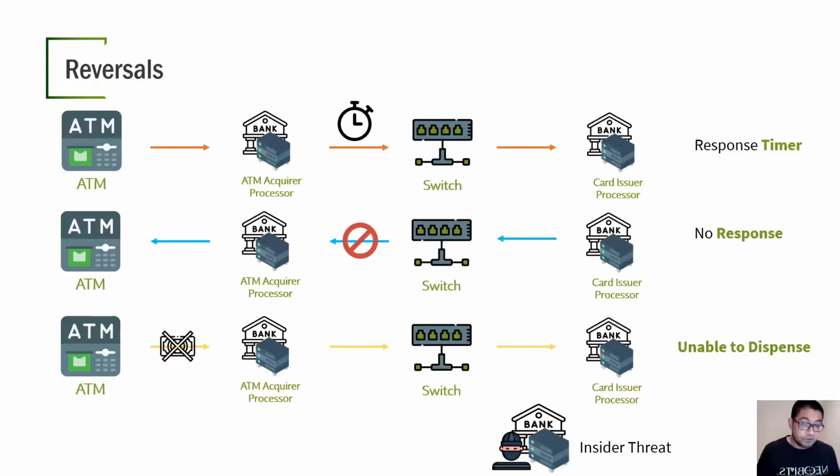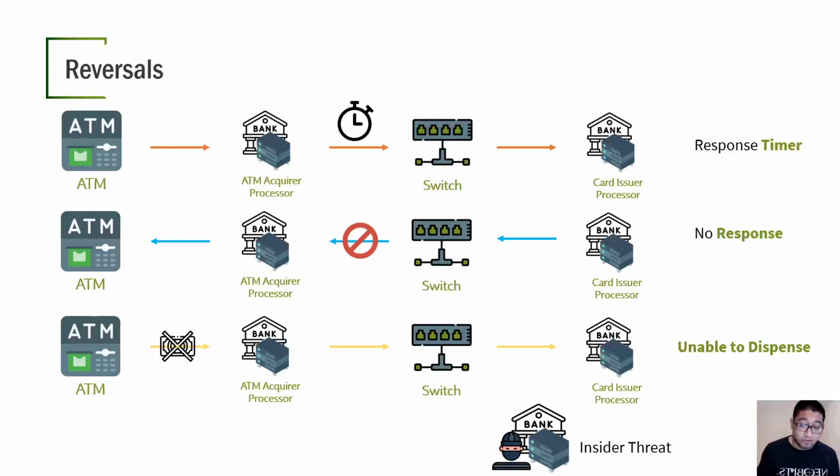In the second example, it is not because of a timeout: when the card issuer processor responds to that authorization and sends the response to the ATM, and at some point in the switch or wherever the response doesn't arrive at the ATM, that could also make a reversal happen.